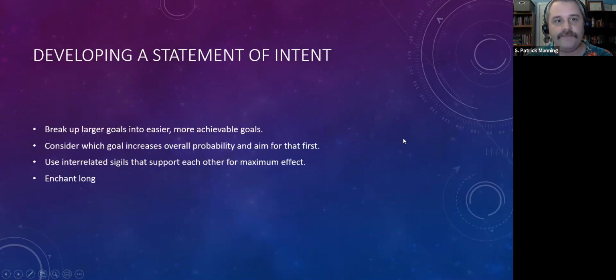Moving on. I've already talked about some of this, but having a larger goal broken down into smaller components really does help with increasing the probability, which is what this type of magic is aimed at.